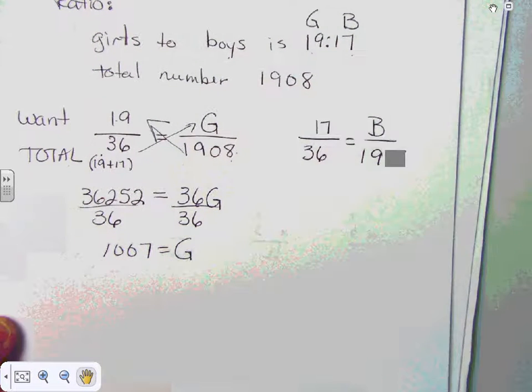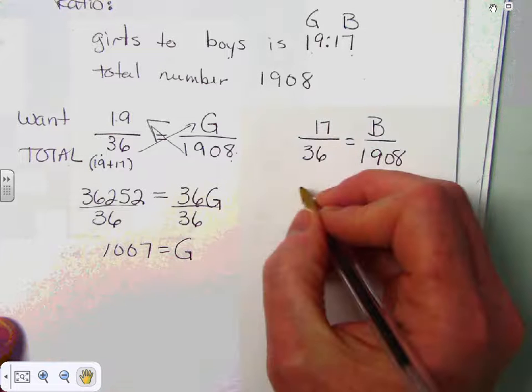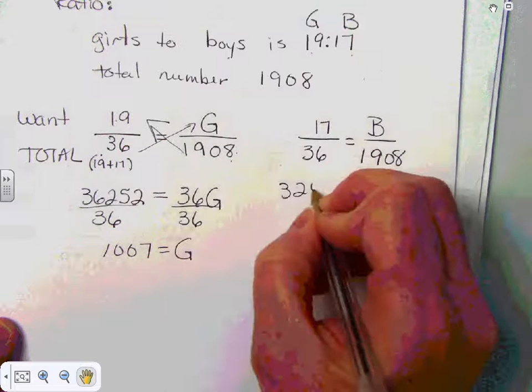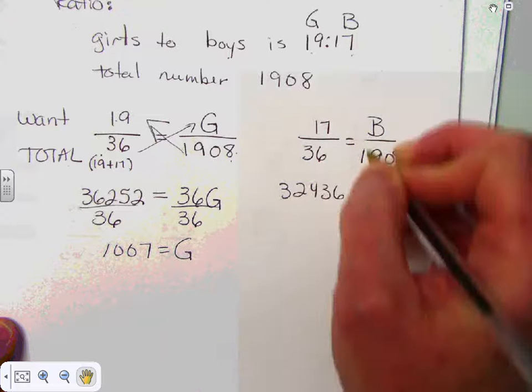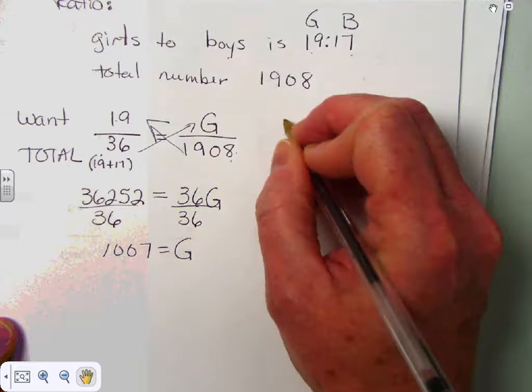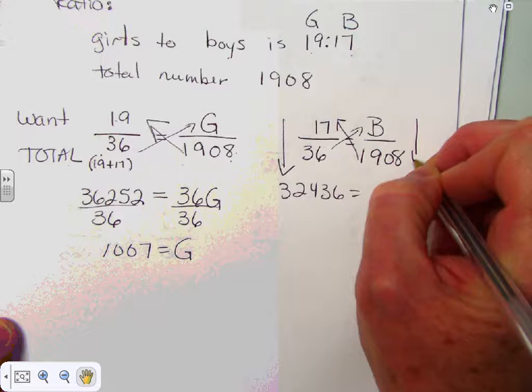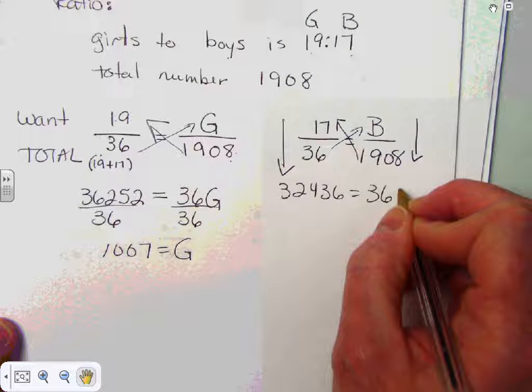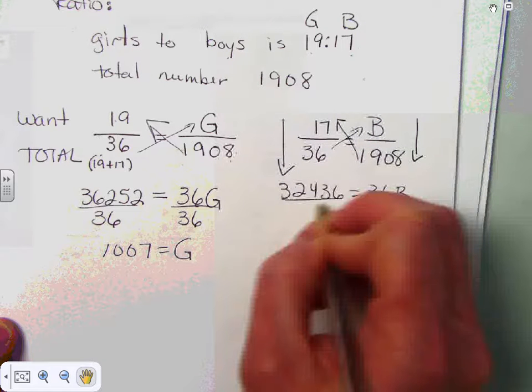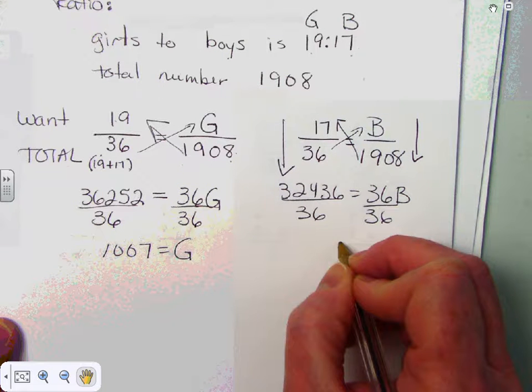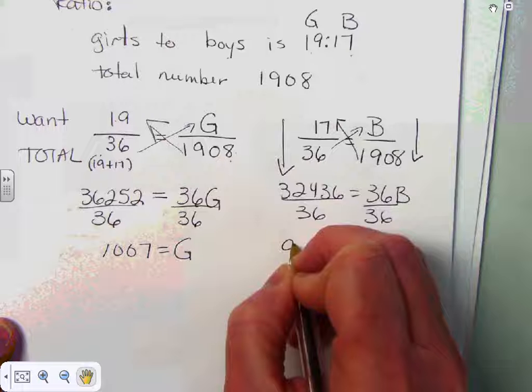Cross multiply once again, and I would get 32,436, bottom to the top and drop, equals bottom to the top and drop again. So 36b, dividing both sides by the 36, 901.